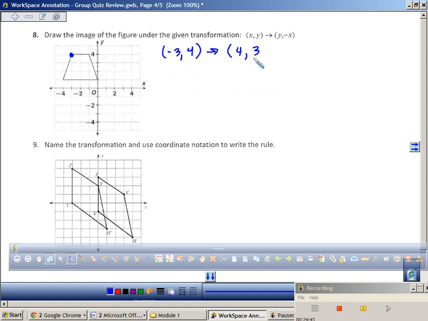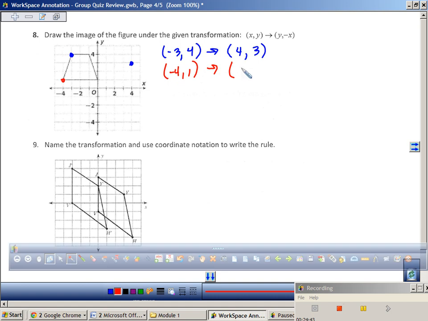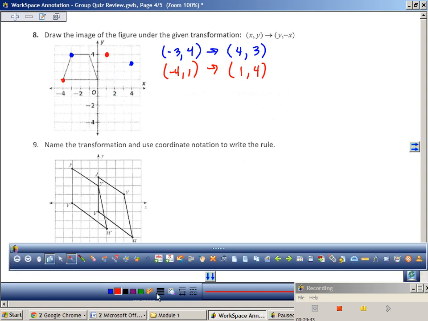That's why we don't say it becomes negative: it was negative, and so now the opposite is positive. So 4, 3 is right. 4, 1, 2, 3. There's the blue one. Switch to red. So -4, 1. What's that going to change to? 1, comma, 4. Good. 1, 1, 2, 3, 4.